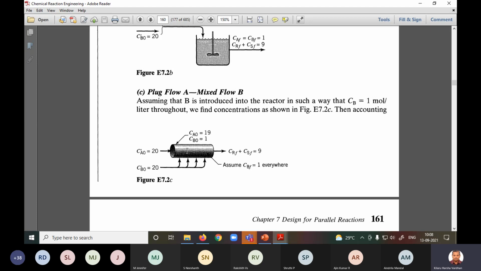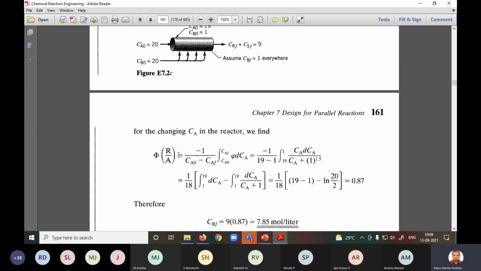Therefore, 19 and 1. So CRF and CSF is 9 because 90% conversion is required, and CBF is 1 everywhere because you are intermediately adding only 1, right? See, assume that CBF is 1, then CAF will be 19 because both are being added here. So total is 20.